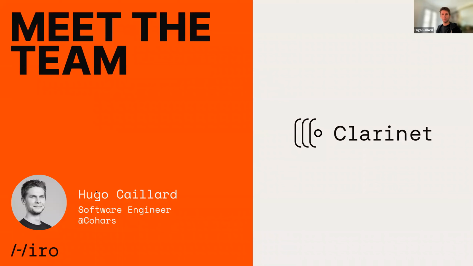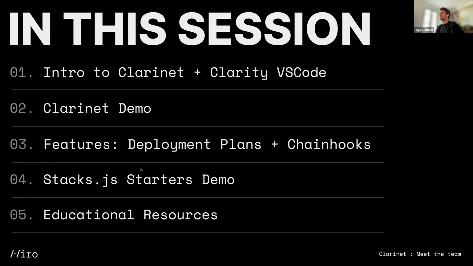And today we will talk about a few of the tools we are working on and developing at Hiro that will help you build products on the Stacks blockchain. This is the overview of the topics we'll talk about today. I will make a quick intro about Clarinet and the Clarity VS Code extension.